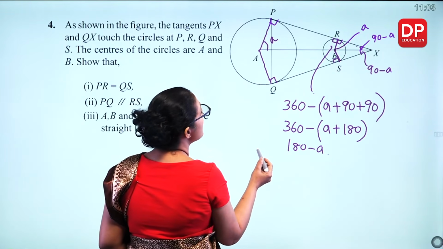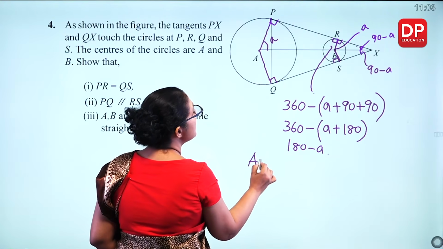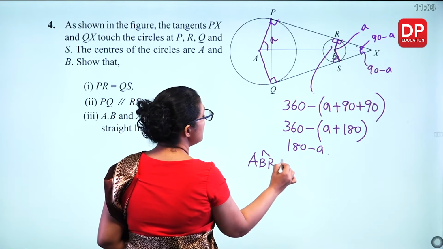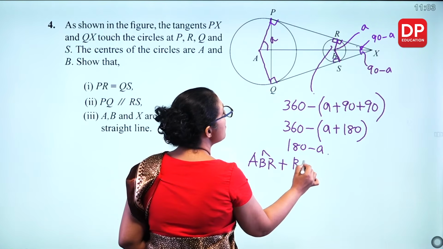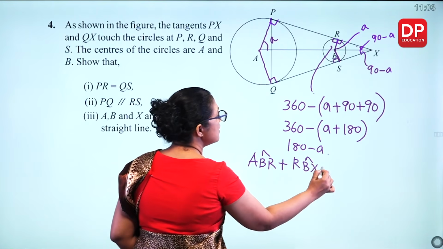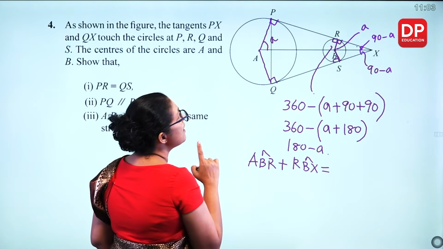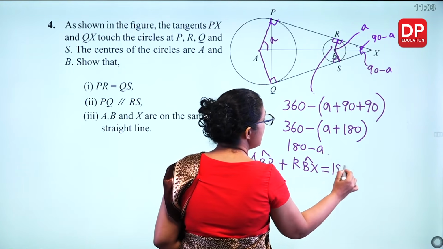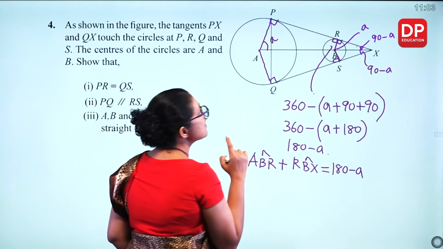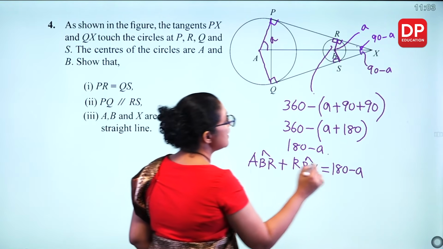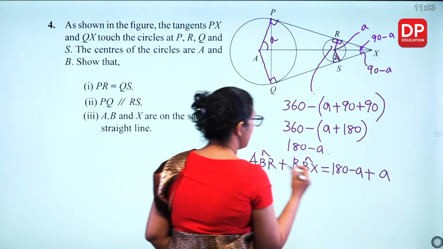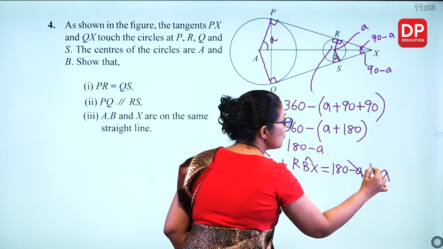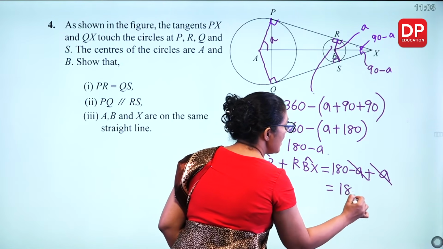So we can write down ABR angle plus RBX angle. ABR is 180 minus A. What's RBX? A. Now add these two together, you get 180.